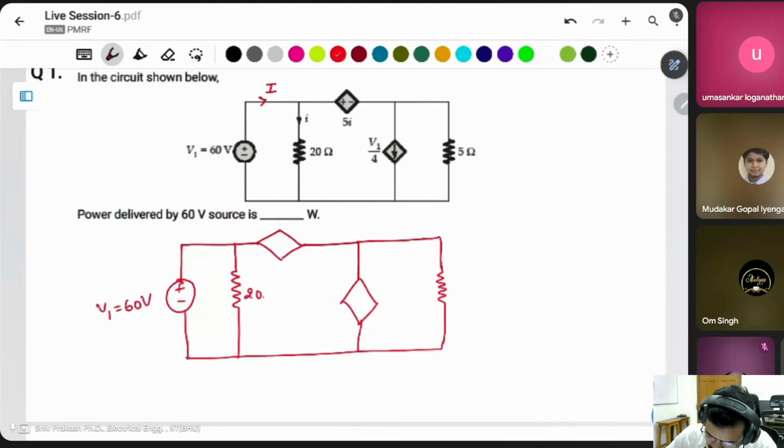This is 20 ohm plus minus 5 I. I is the current flowing through the 20 ohm resistor. This is the current source, so it is V1 by 4. This is the 5 ohm resistor.